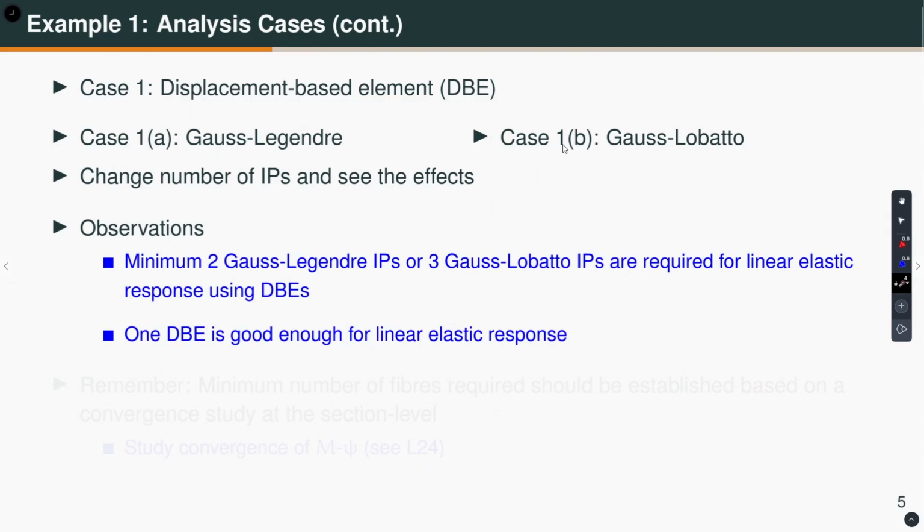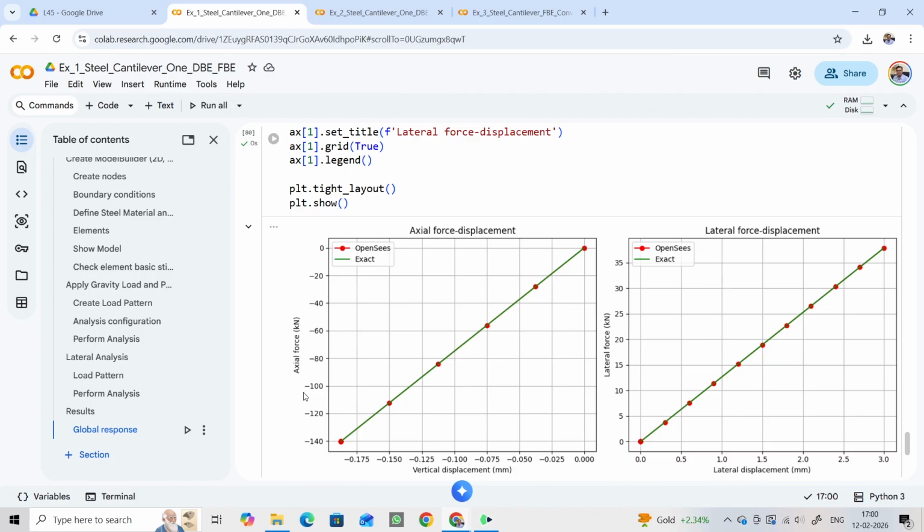So, what we have concluded is that a minimum of 2 Gauss-Legendre IPs and 3 Gauss-Lobatto IPs are required for linear elastic response using displacement based element, and one displacement based element is good enough for linear elastic response. As you can see, the axial force displacement and lateral force displacement are matching quite well with the exact solution. The green is the exact solution.